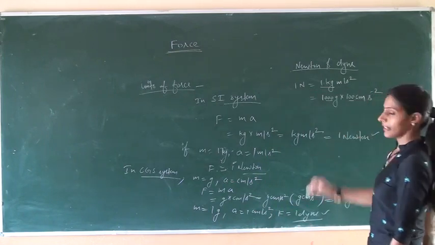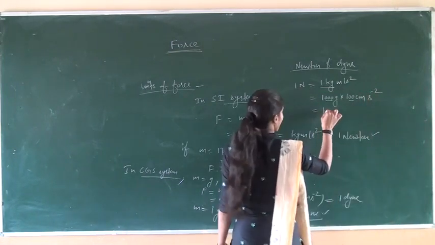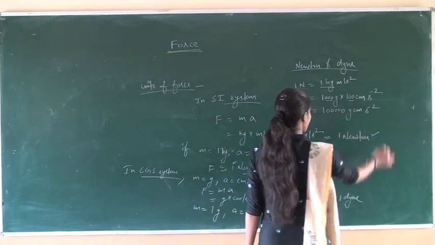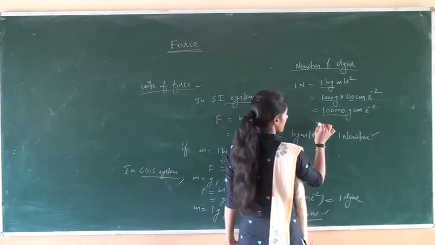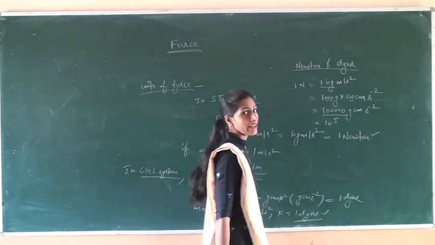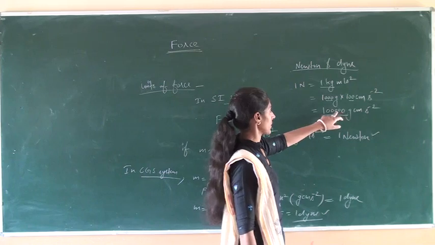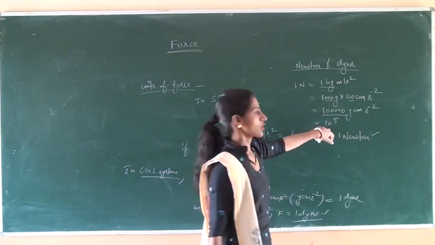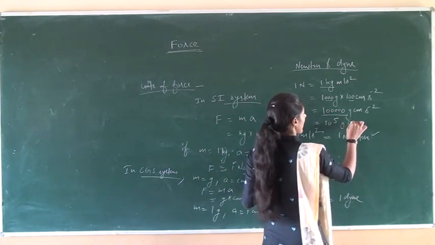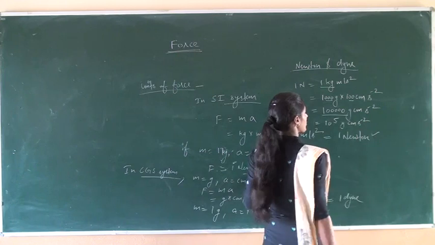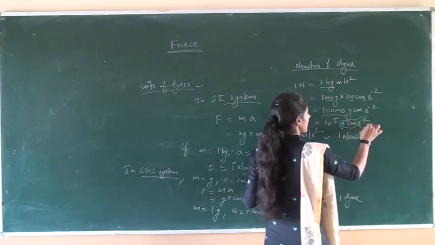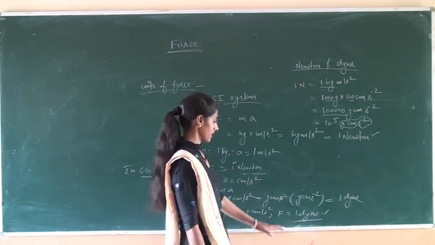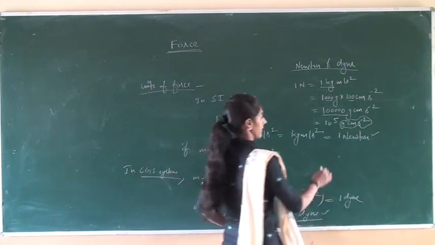Now, how many zeros here? 1, 2, 3, 4, 5 zeros, gram centimeter per second square. This can also be represented as 10 raised to power 5 gram centimeter per second square, and this gram centimeter per second square is equal to 1 Dyn.